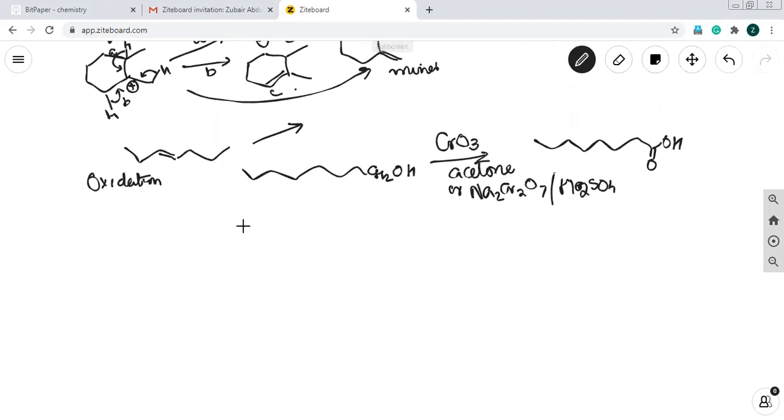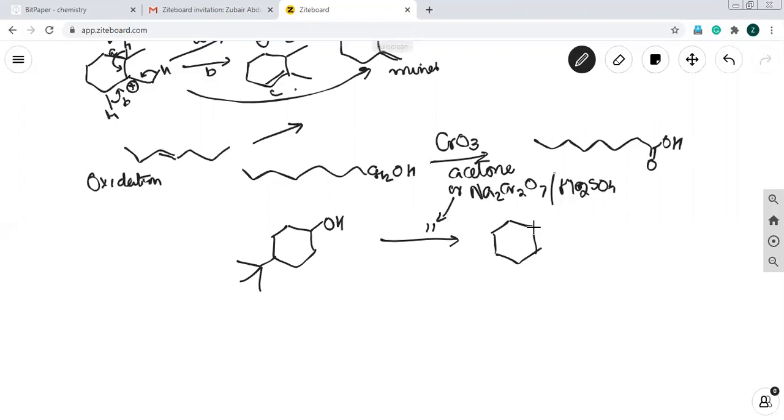If you are using a secondary alcohol, say for example, I take this compound. You can take any alcohol and then treat with the same reagent like this. Now this alcohol group will be oxidized, and what you get is the ketone.